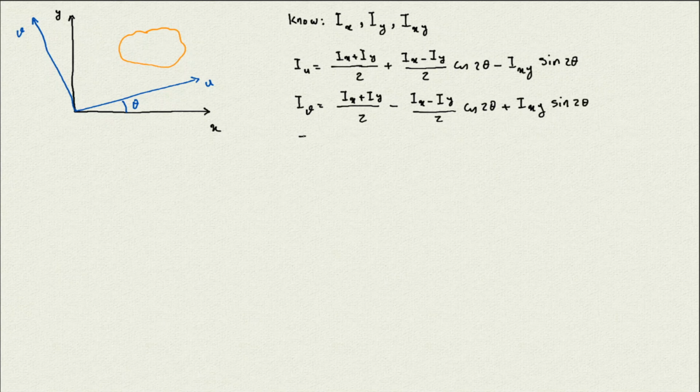And the product of inertia about uv is going to be (Ix minus Iy) divided by 2 times sine 2 theta, plus Ixy cosine 2 theta.